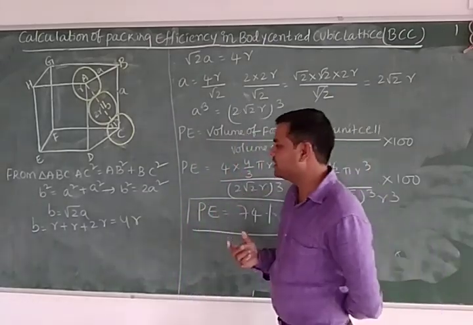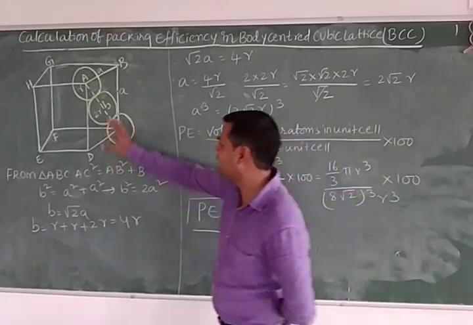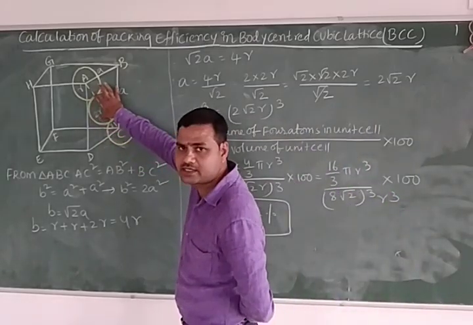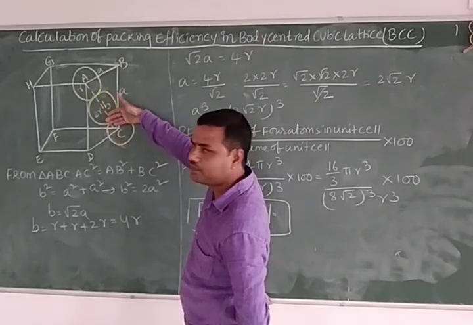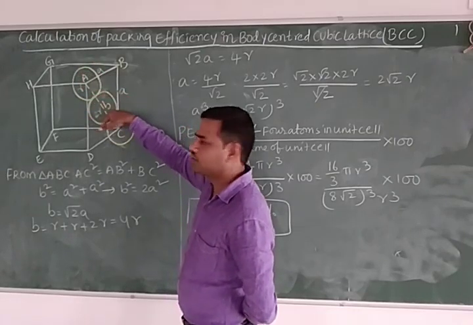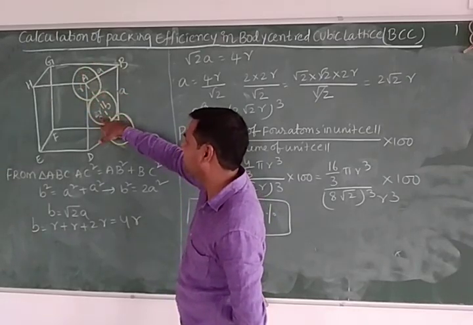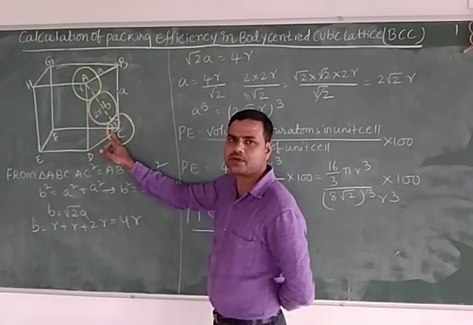Now, this is the b value we calculated from the equation. Actually, what is the b value? As in the body-centered cubic lattice, here also one atom is at the center of the face. The complete sphere is at the center, and this sphere is half inside, half outside, and this sphere is also half outside, half inside. So the total sphere radius is what? 2r. Half we take as one r, half we take as one r.